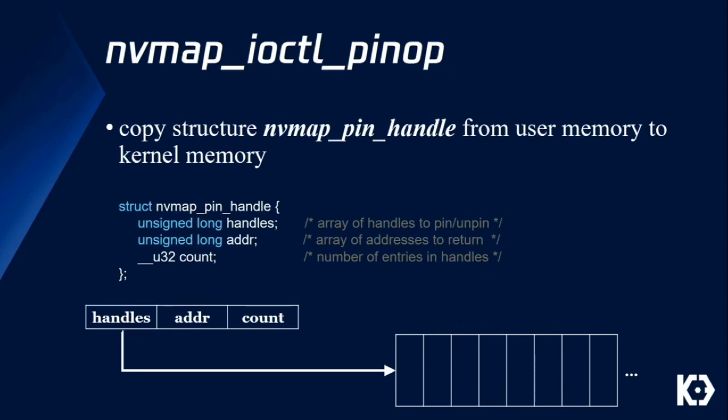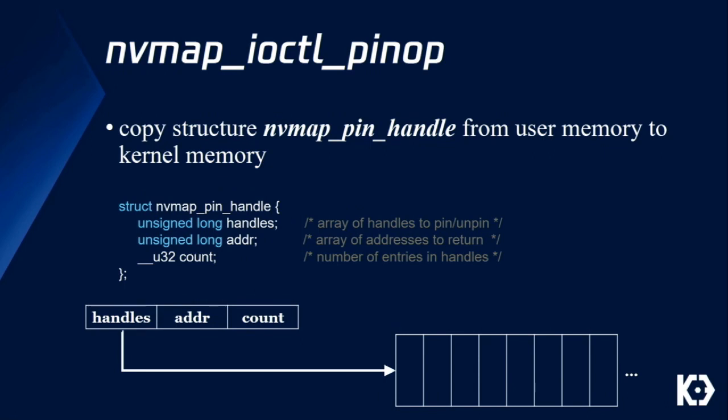User processes can send many IO control commands by calling the ioctl function. When a user process calls ioctl with the command pin, the user process needs to provide a pointer to the structure nvmap_pin_handle. And the function nvmap_ioctl_pinop will copy this structure from user memory to kernel memory.